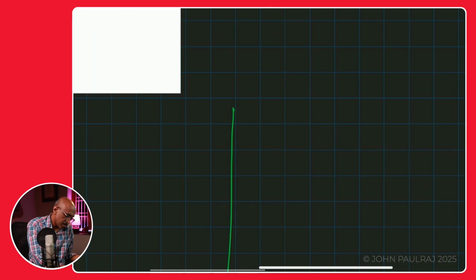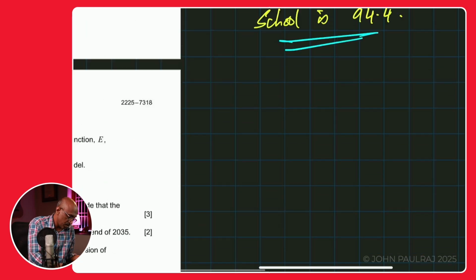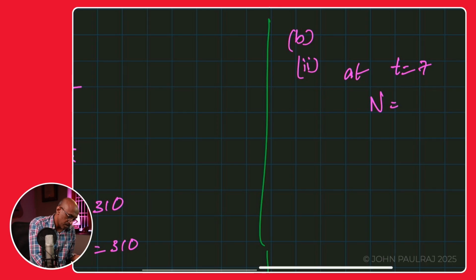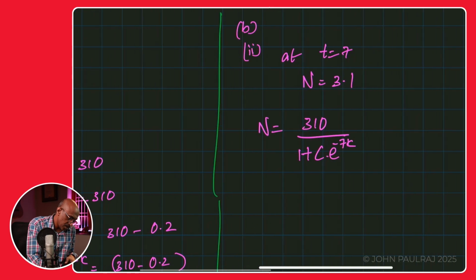Okay, so this is b part 2, and at t equals 7, capital N is 3.1, and so c, which is given by this formula, capital N is 310 over 1 plus c e to the power of t is 7, right? So we'll write it as minus 7k. Okay, you can see that that's a substitution.